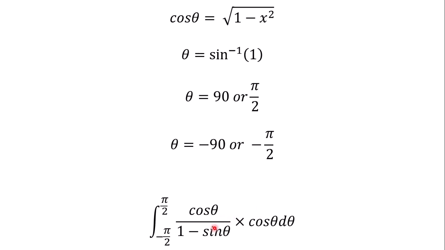And then the theta here is representing dx. Now you can see we are in the theta world, and you can confirm all the workings here are in the theta world. Okay, so let's continue. Now this times this one will give us cos theta squared divided by 1 minus sine theta, d theta.